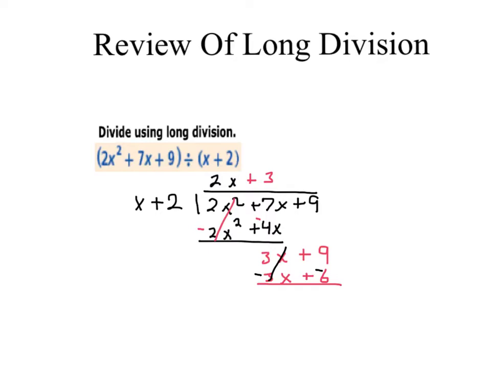This subtracts out like it always has to, and you're left with this 3, and that's a remainder which we're going to put x plus 3 over top of x plus 2. Okay, and there's our answer. All right, now let me show you another way called synthetic division that makes this process quicker and I think easier as well.